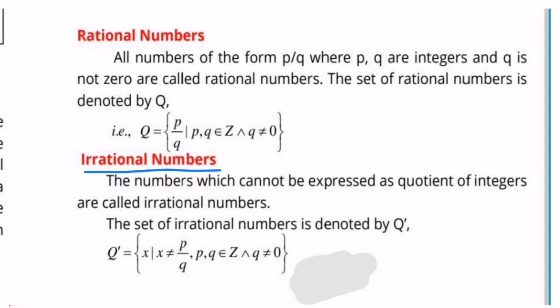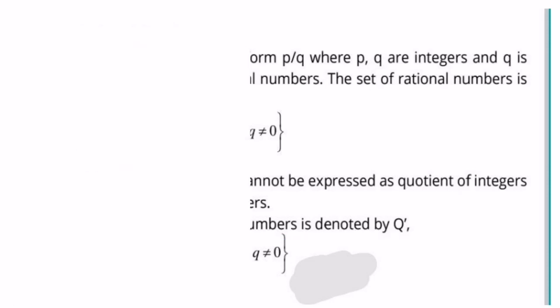Irrational numbers. The numbers which can't be expressed as a quotient of integers are called irrational numbers. The set of irrational numbers is denoted by Q prime. Q prime is equal to x such that x must not equal p by q, where p, q belong to integers and q not equal to 0.